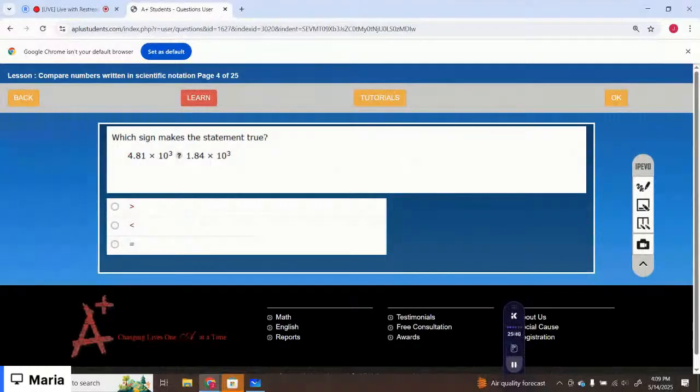Which sign makes the statement true? 0.81 times 10 exponent 3 and 1.84 times 10 exponent 3.